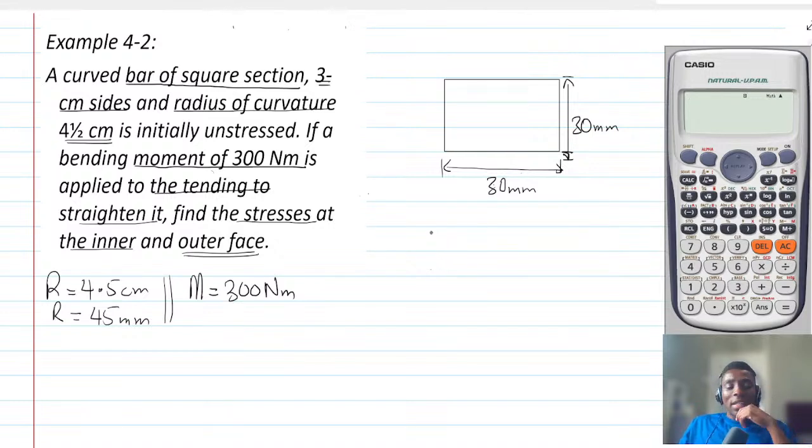The best way to understand this is to think of a beam. Let's say this is the square beam, and there is some form of bending. If that bending occurs, you are going to end up getting something which looks like this.